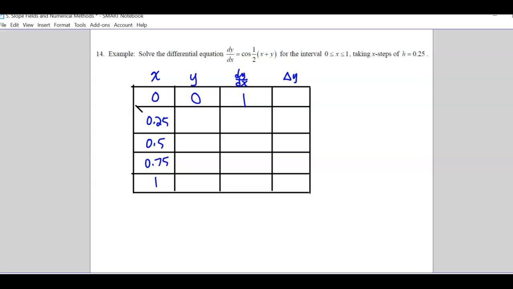Okay, so then dy is, remember, dx, which is 0.25, times your derivative, so that's going to be 0.25. Then you add that onto your y. So a quarter plus a quarter is a half. Get your calculator out. You'll need your calculator in radian mode.